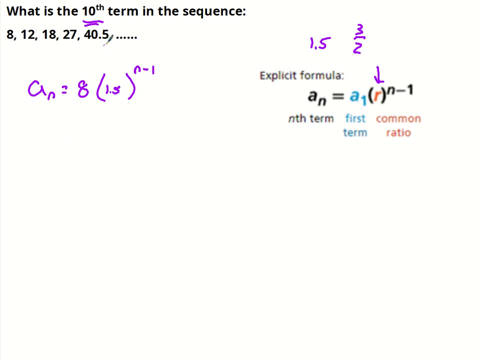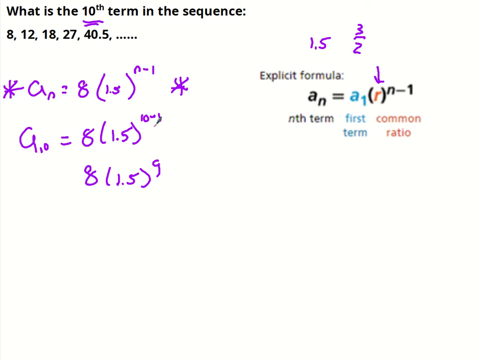So if I wanted to know the 10th term, here's my explicit formula for this particular sequence. Now I can plug in 10 for n. If I want to know the 10th term, that's 8 times 1.5 to the power of 10 minus 1. So that's 8 times 1.5 to the power of 9.